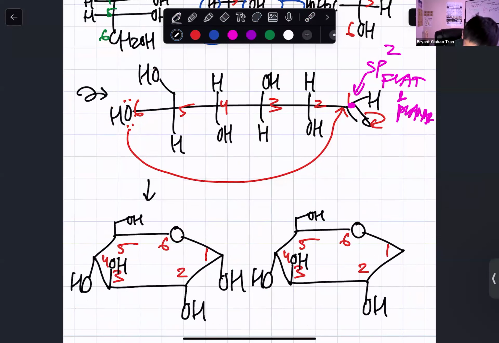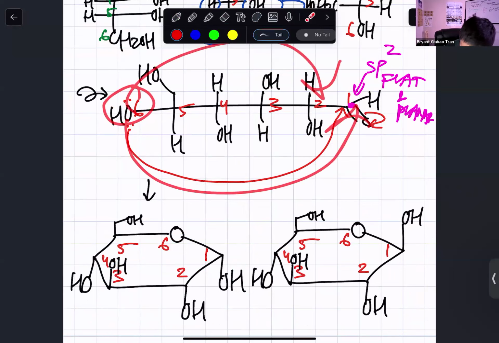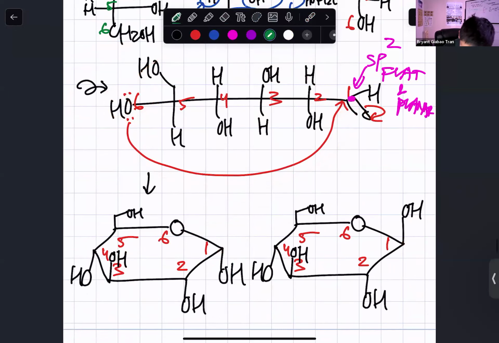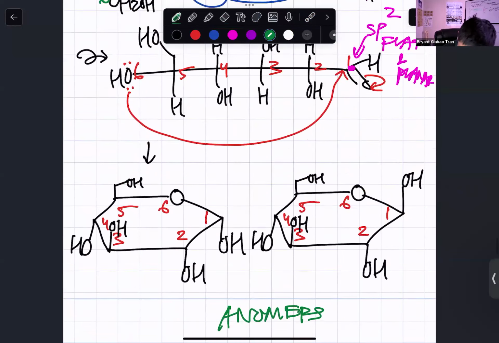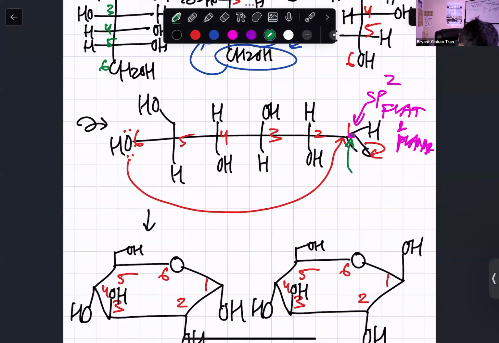Because of the flat geometry that it had, where the nucleophile here could have attacked on the bottom side or the top side, giving us two different products at that carbon right there. And this is what we call anomers of each other. These are two different anomers, right? Which is why this carbon here is the anomeric carbon, because it leads to two different anomers.